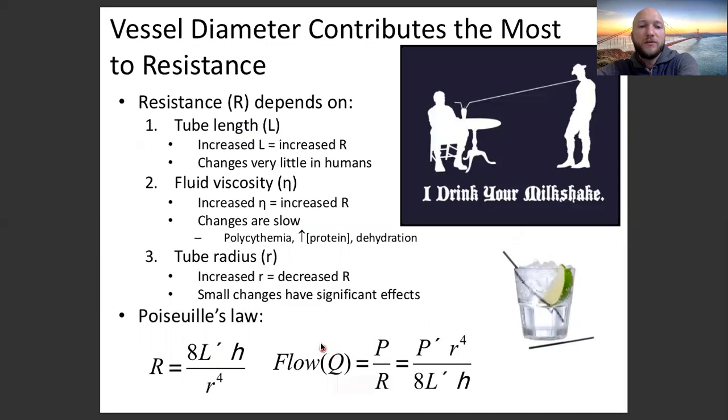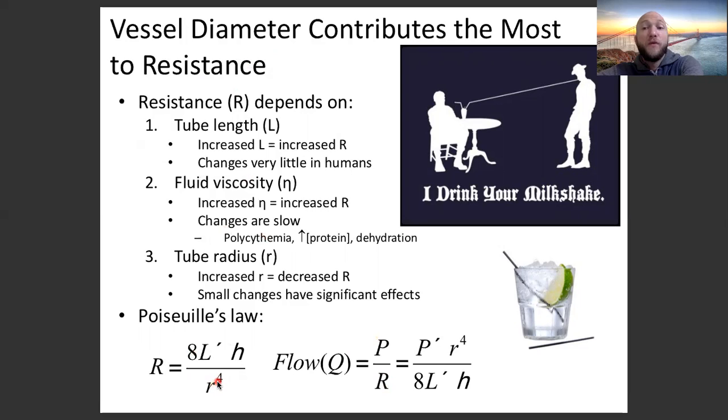So we can take this equation, move some things around, and we get flow is equal to pressure divided by resistance. We can then substitute resistance for these variables right here. So vessel diameter contributes the most to resistance. I want to point this out.